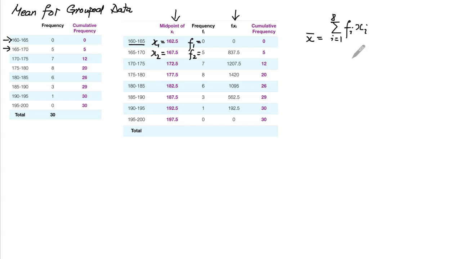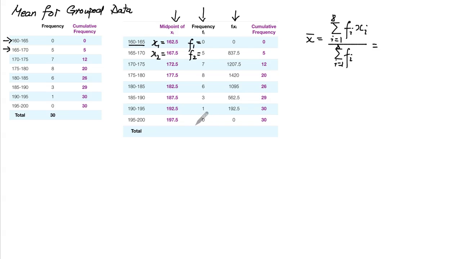Okay. Divided by the sum of all the frequencies. Okay. And the sum of all the frequencies is a sum of this column here. Obviously, I ranges from 1 to 8. So if I add all the frequencies up, okay, let's rewrite that sigma.